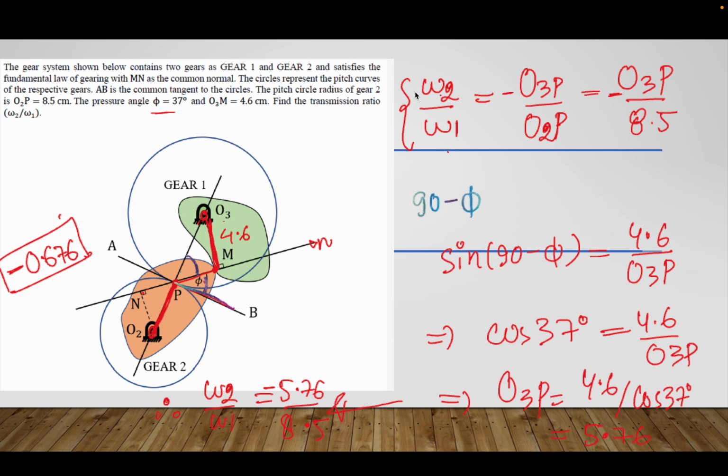So here omega 2 upon omega 1 is equal to minus O3P upon O2P, and O2P is given to us as 8.5, so we need to find O3P.